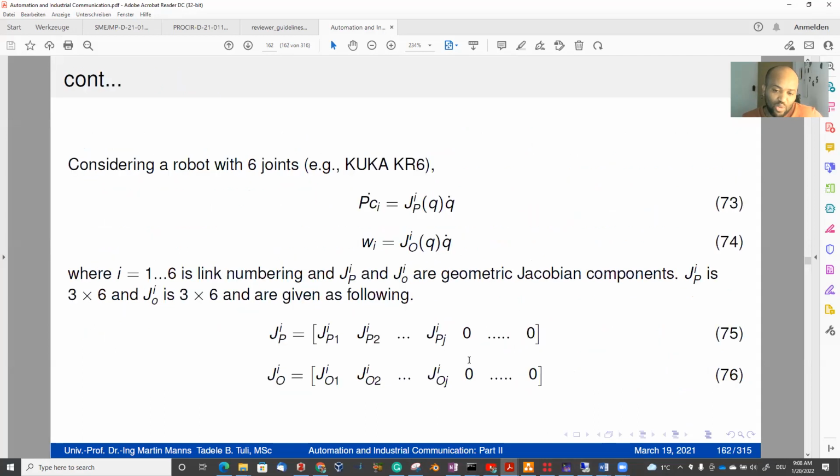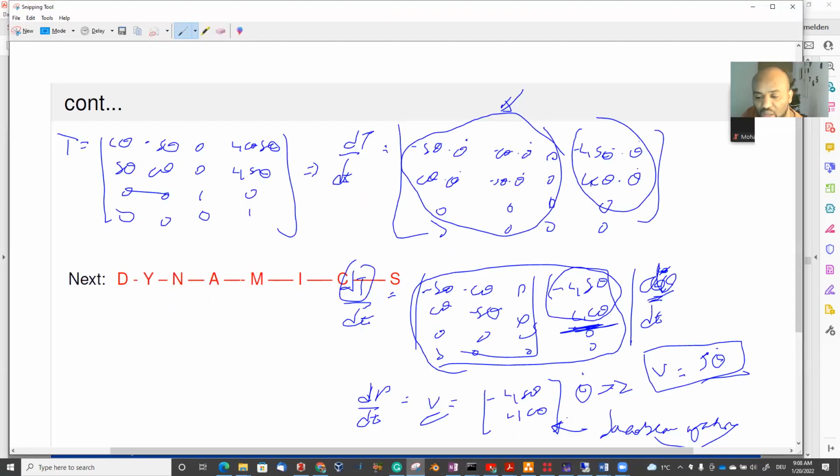But what I would like to tell you is that we are now considering linear motion as well as rotational motion, and here we have separated them. Here we are only considering the position vector, but there is also some part which is non-linear. So for that we also have to make a distinction.